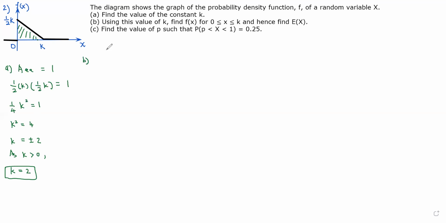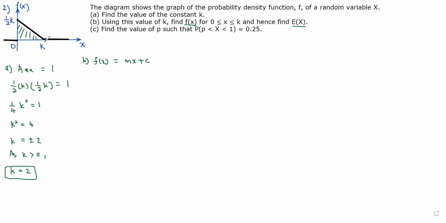Part B, using this value of k, find f(x) for x in between 0 and k inclusive, and find the expected value of x. So first, we must find f(x). This is a straight line with decreasing slope, so f(x) is in the form of mx plus c.